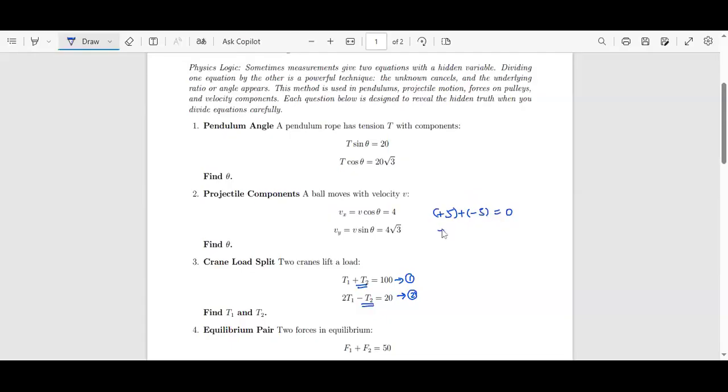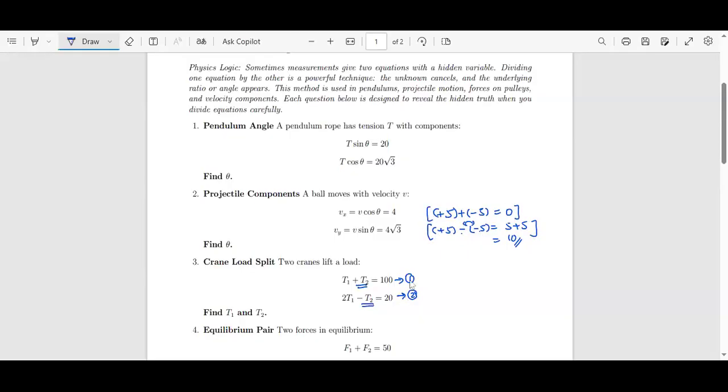If instead you subtract them, plus 5 minus minus 5, you have a minus and a minus, so they get multiplied and become plus. So 5 plus 5 becomes 10. If you subtract these two you get 10, and if you add these two, you get 0.